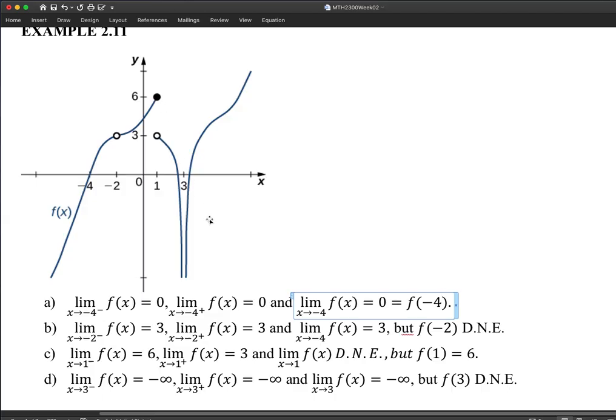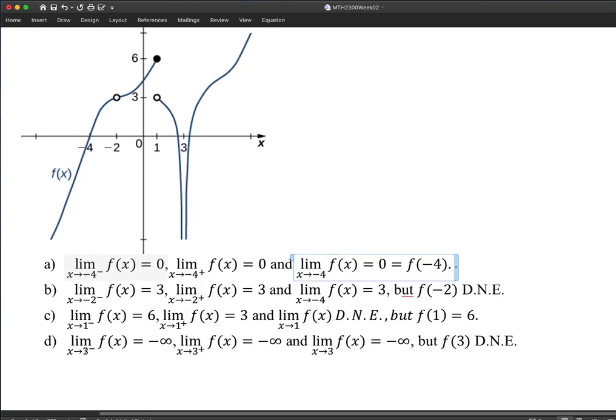Okay. One more trial, part D. We look at the behavior of the function at x equals 3. And still, hopefully, there are two directions. As x approaches 3 from the left, the graph keeps going downward, which means it is approaching negative infinity. Approaching 3 from the right, the graph still keeps going downward.